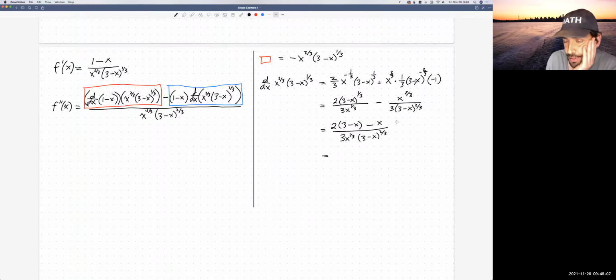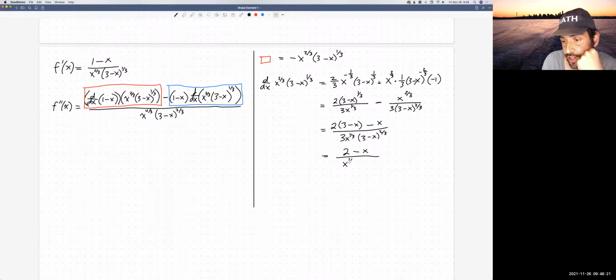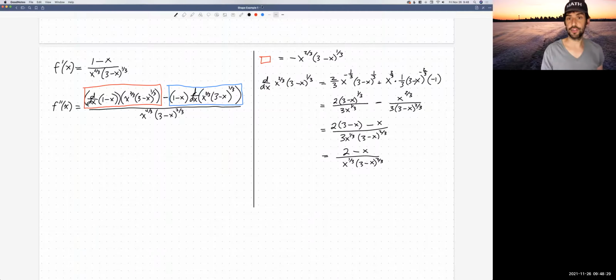So notice what's happening in the numerator. I've got 6 minus 3x, which I could factor a 3 out of. And so I end up canceling with the 3 in the denominator, similar to what we did last time, and I end up with 2 minus x over x to the 1/3 times 3 minus x to the 2/3. Okay. Now that was just this back half of the blue box.